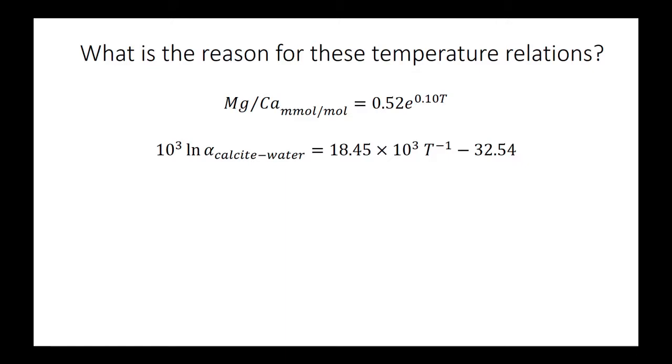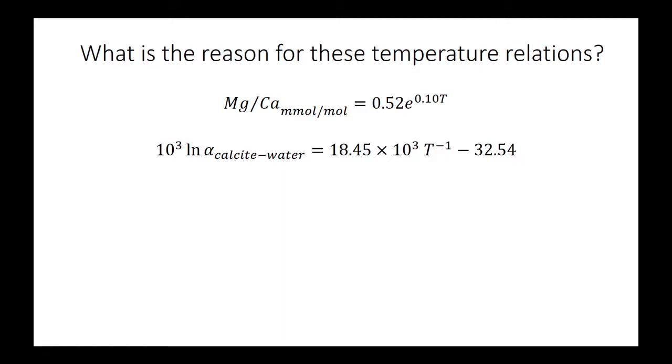So that's the underlying reason for there being a temperature dependence on the fractionation factor. Okay, and you could go through some of the equations of that to illustrate your answer.